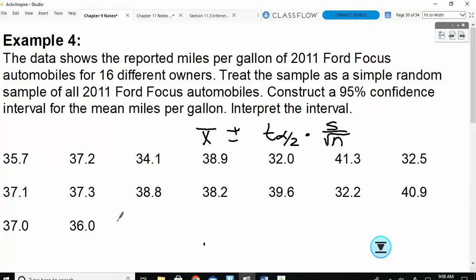So what I want you to do first is put all of this data in your L1. So clear out whatever is there and type in these points.